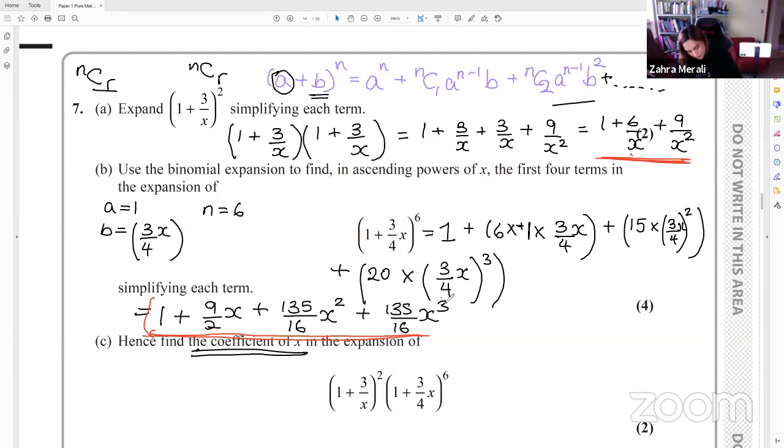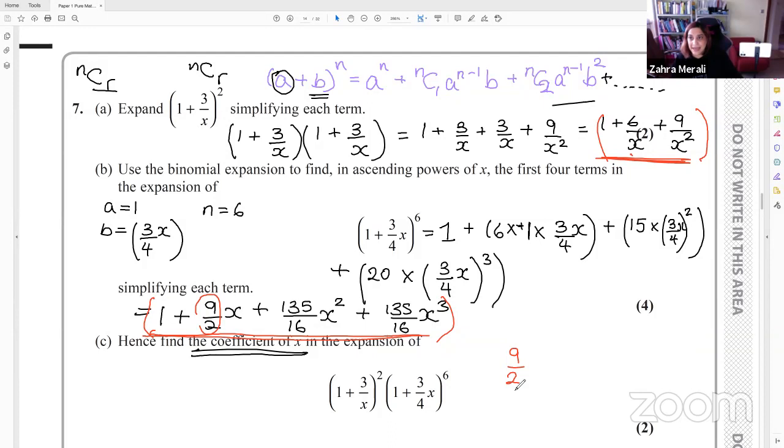So when we multiply them together, you can almost think about it. You can say, okay, I can do 1 multiplied by this whole thing. So the only bit that I want to be able to get the x is going to be this 9/2. So we've got the 9/2. Then if I've got 6/x, if I times it by 1, it's going to give me something with 6/x.